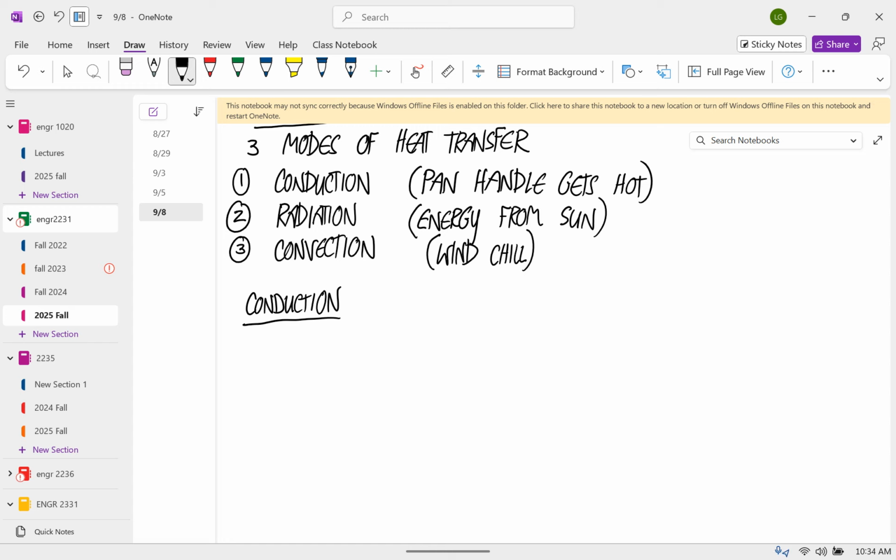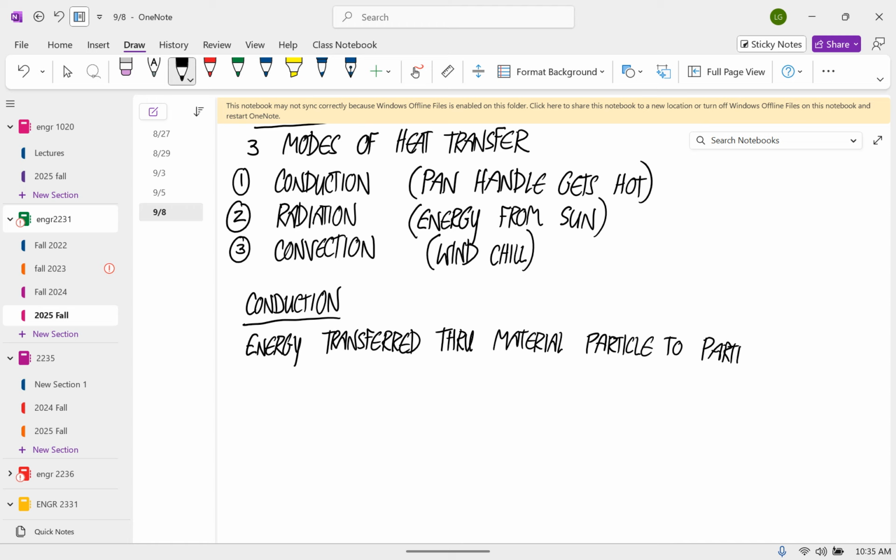Okay, so in conduction, energy is transferred through material, particle to particle, without the particles changing their locations.